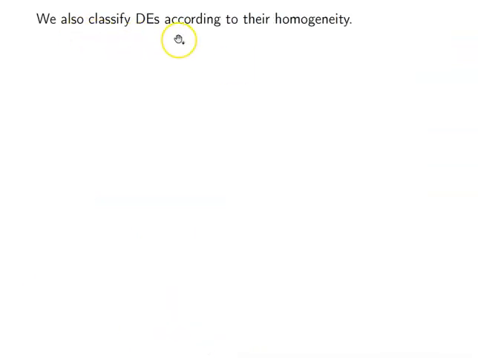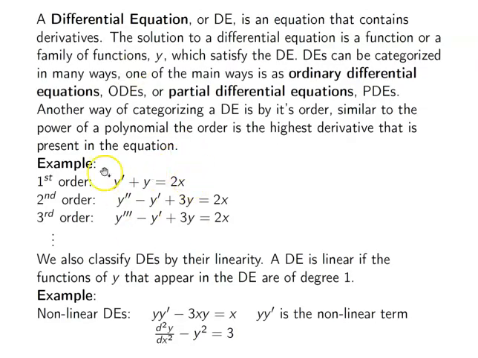Okay, we also classify these according to their homogeneity. Homogeneity means, is it homogeneous or is it non-homogeneous? Homogeneous means, is it equal to 0 or not equal to 0? So if a DE is equal to 0, when I have it in its standard form, again, this is standard form, highest derivative, and then in decreasing order of derivatives, very much like a polynomial, okay?